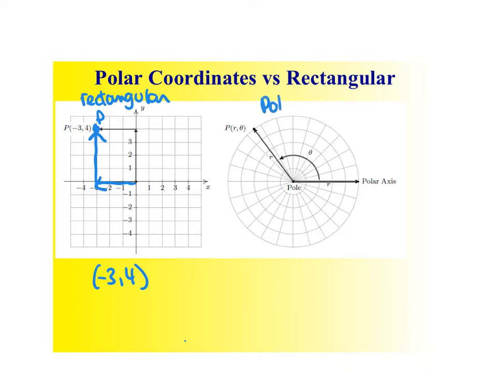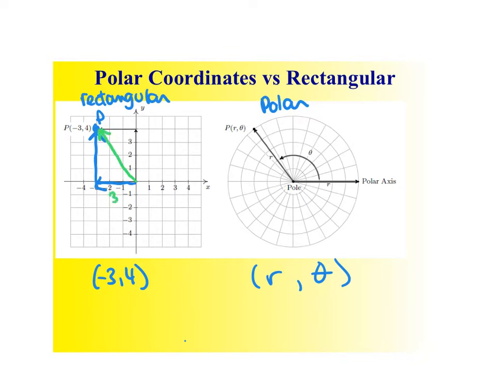Polar is on a circular grid instead of a rectangular grid, and also has two directions. One is your radius and one is your theta. We'll do theta in a little bit, but if I wanted to get to that same place, my radius is my hypotenuse.